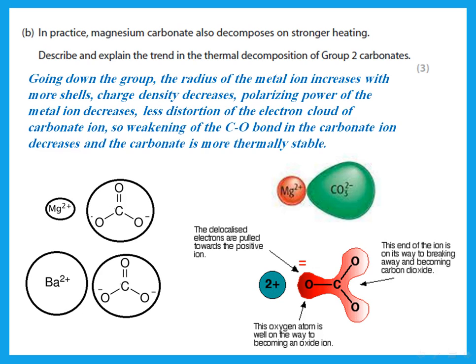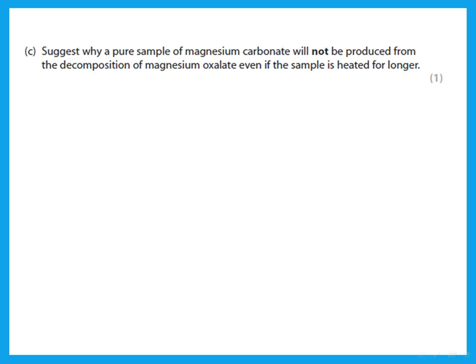So for example, if we have magnesium carbonate, it will decompose more easily while the ones at the bottom of the group 2 will be more thermally stable. So explain why a pure sample of magnesium carbonate will not be produced from the decomposition of magnesium oxalate even if the sample is heated for longer.